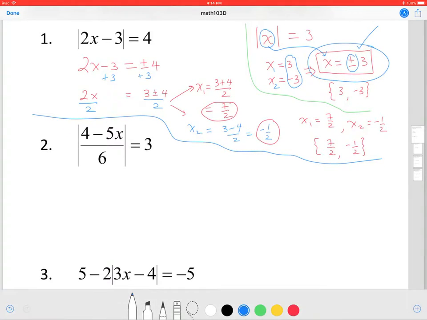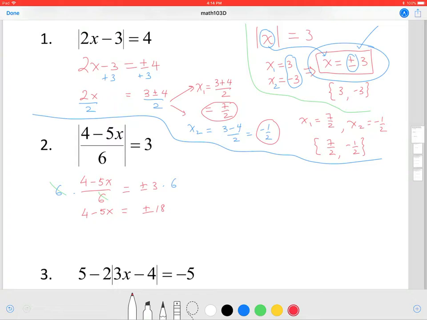And the second, here we have a fraction. I'm going to start by taking out my argument, which is equal to plus or minus 3. Anytime you have a fraction, you can just multiply by the denominator, and that should cancel out our fractions and give us 4 minus 5x is equal to plus or minus 18.